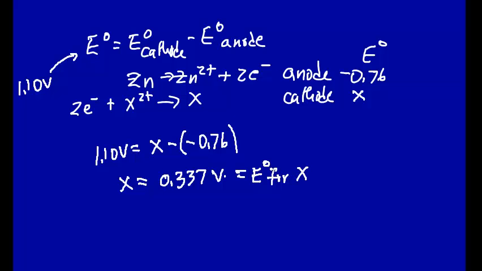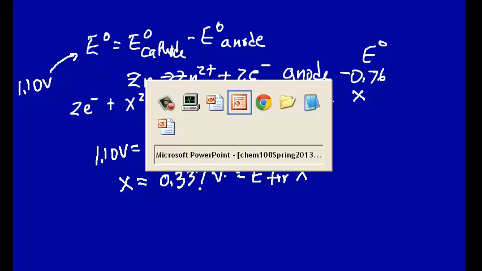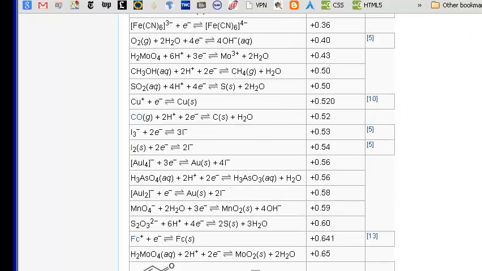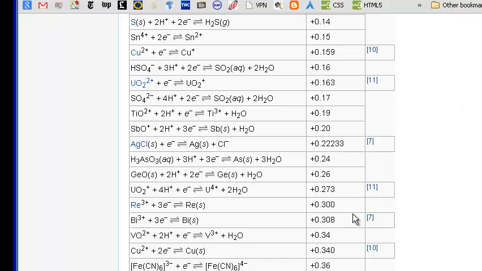Well, what we do is just look up in a table of standard reduction potentials, figure out what X corresponds to 0.337. All right, here we have 0.337. Well, 0.337 is close to 0.34, so there's a standard copper 2 plus. Copper has that standard reduction potential, as does vanadium oxide 2 plus, and maybe you might say this, but let's take it copper.